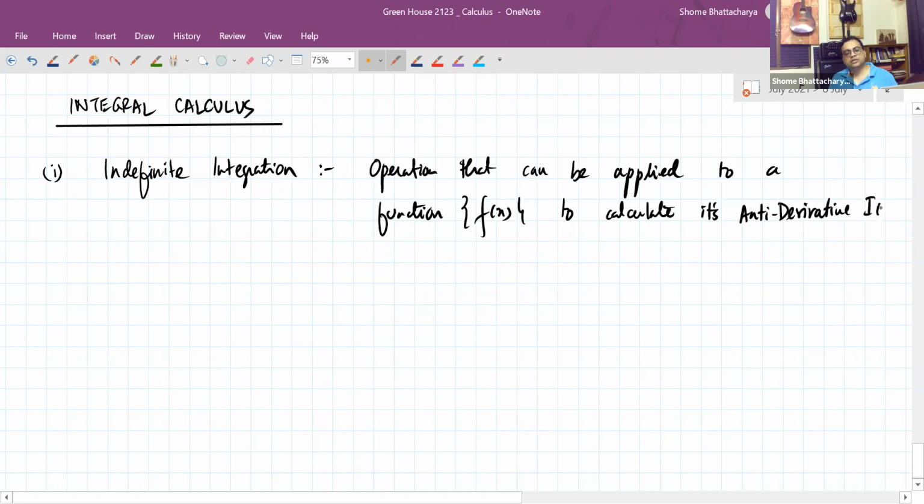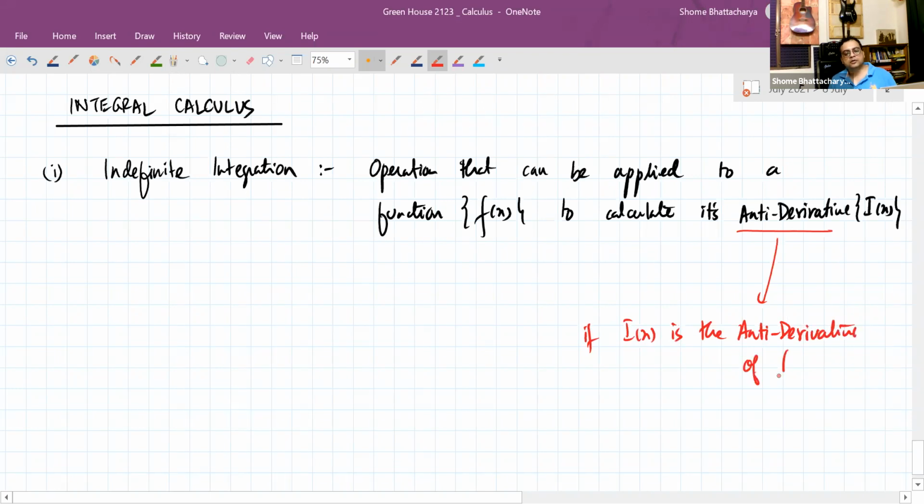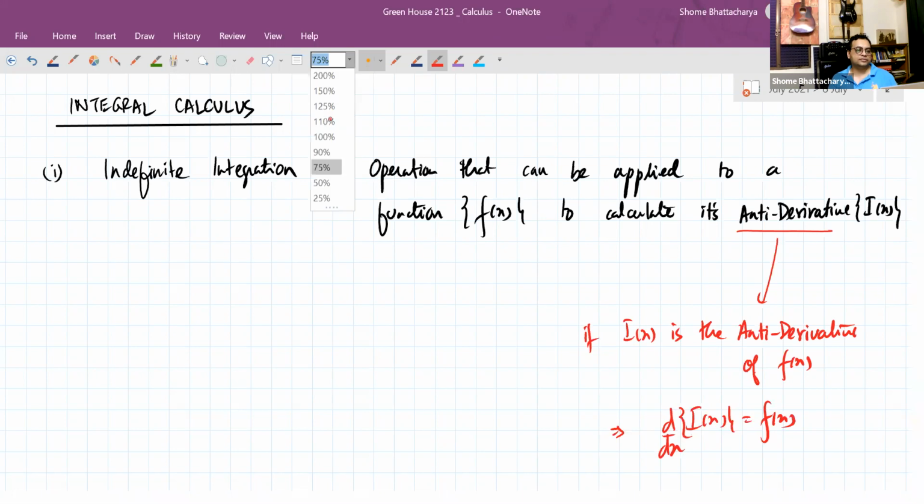Typically we denote the antiderivative with the symbol capital I. What we mean by antiderivative is that if I(x) is the antiderivative of f(x), it implies that differentiation of I(x) will give us f(x). That's the simple meaning of antiderivative.